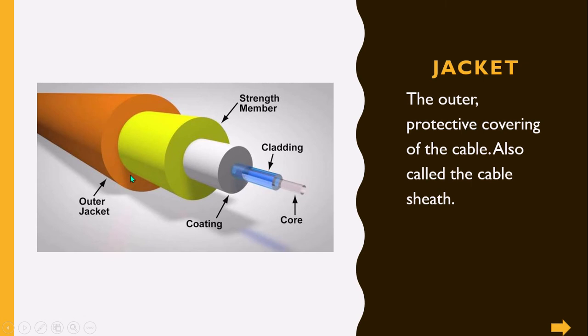In a fiber optic cable, constructed from the inside, is the core, the cladding, the coating, and also the strength member to the outside cable jacket.